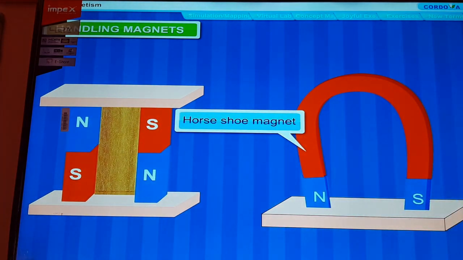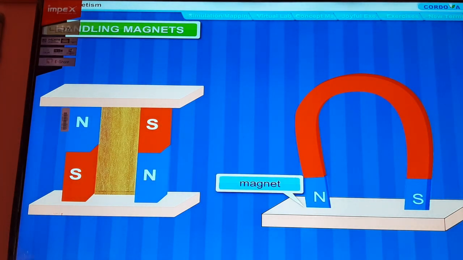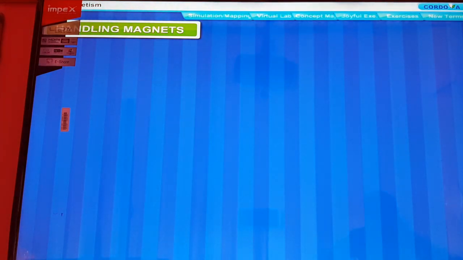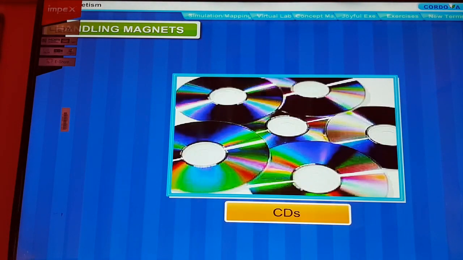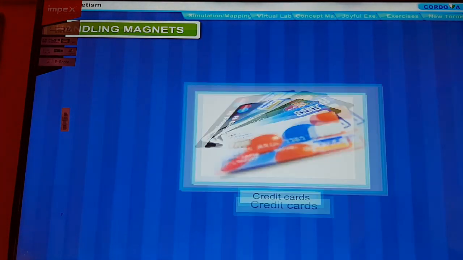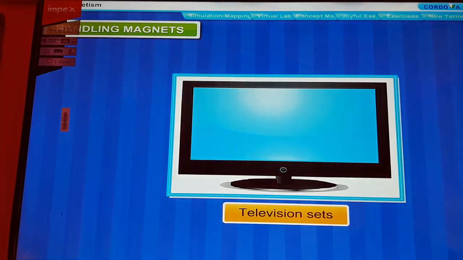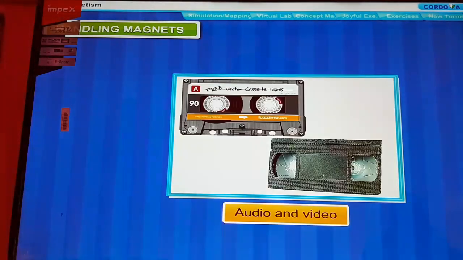In case of a horseshoe magnet, a single piece of soft iron is kept, touching both poles of the magnet. We should keep magnets away from floppy disks, CDs, computers, credit cards, television sets, and audio and video cassettes as they get demagnetized.